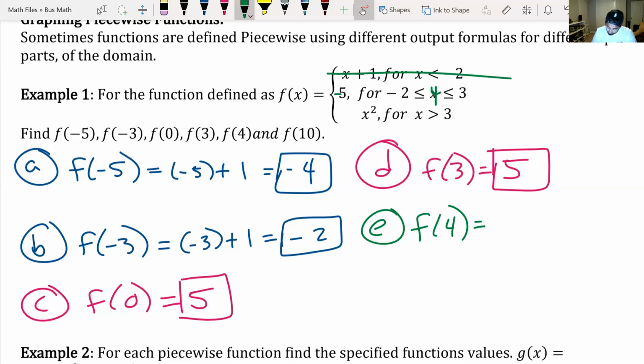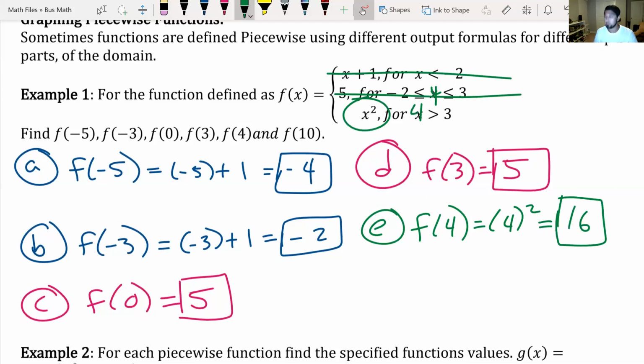Definitely not. Is 4 bigger than 3? Yes. Since 4 is bigger than 3, we get to use x squared, which means we're going to plug 4 in for x. We'll get 4 squared, which gives me 16.